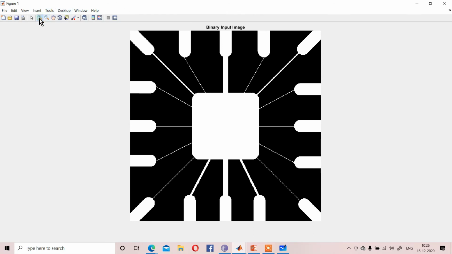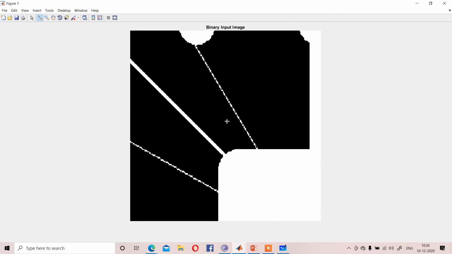Now that image provides you several lines connected to that square. If we check those lines, we can see that this line has fewer pixels in the width compared to that line.